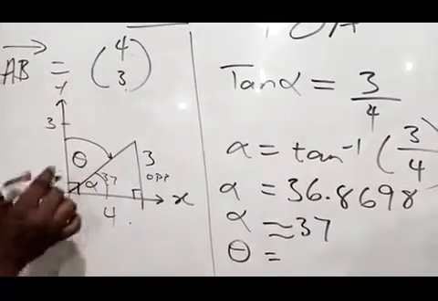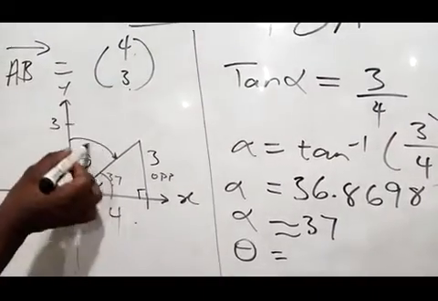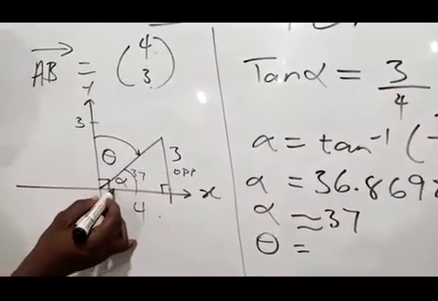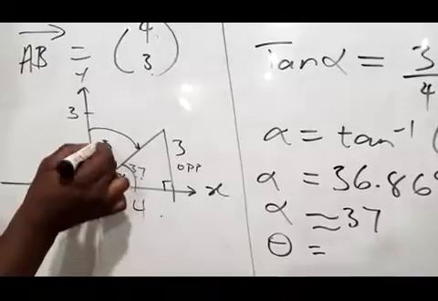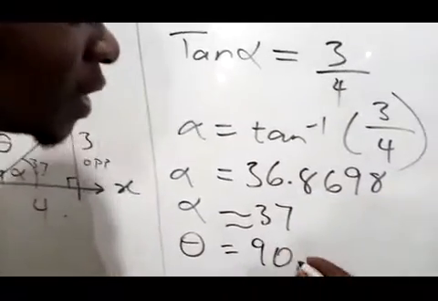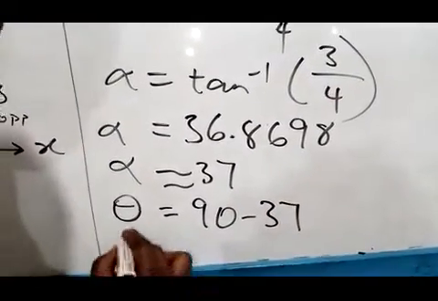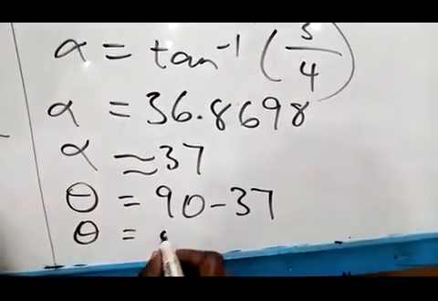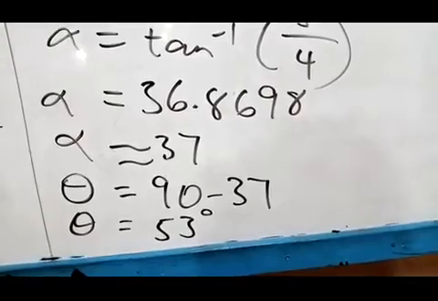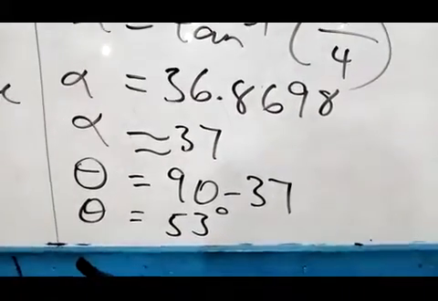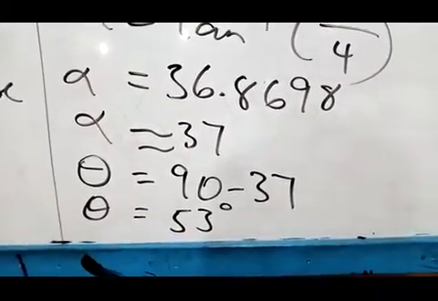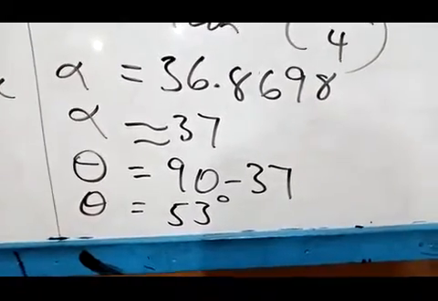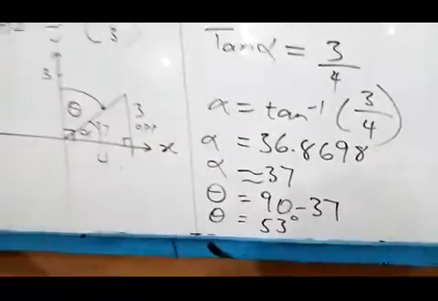So 90 minus 37 is equal to theta. Then theta is equal to 53 degrees. That is approximate, but it depends on how the question asks you to leave it. We'll be looking at specific questions and how they are asked to leave it, but for now, let's handle it that way.